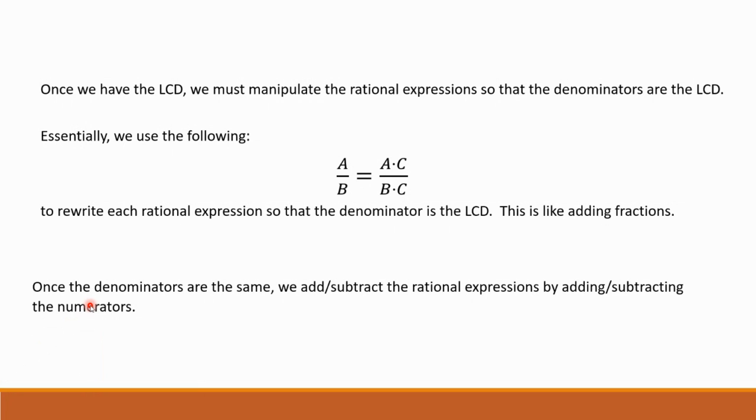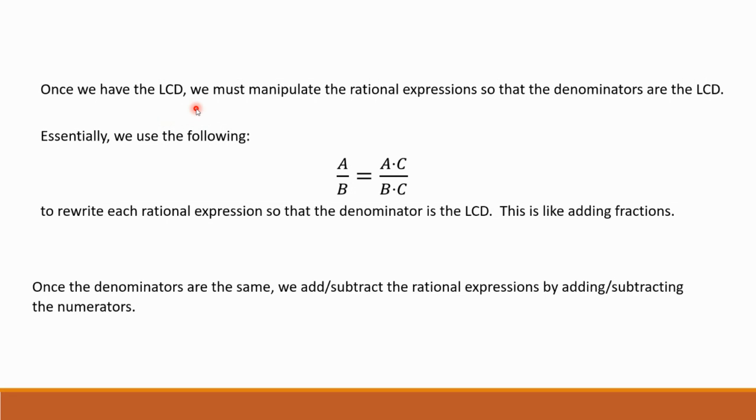The denominators must be the same. And to get the common denominator, for us, it's going to be the least common denominator, mostly because when you simplify in the end, you'll have the least amount of work to do. Even though theoretically you can use any common denominator you want.